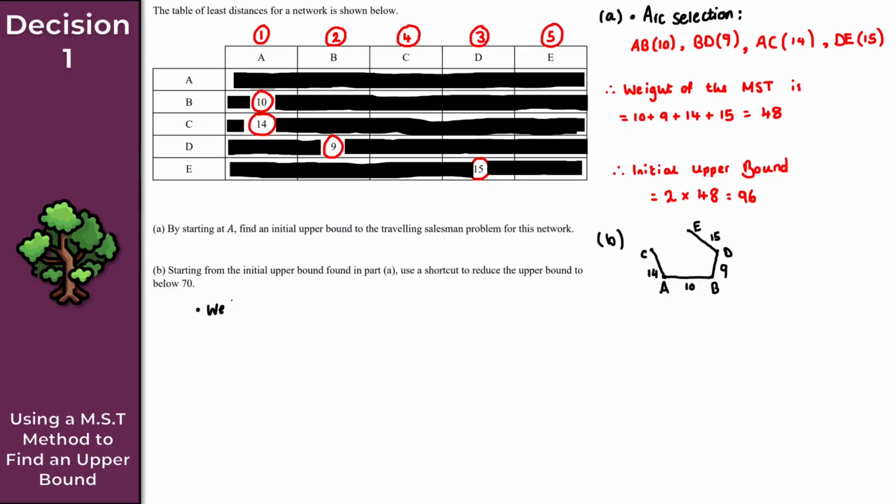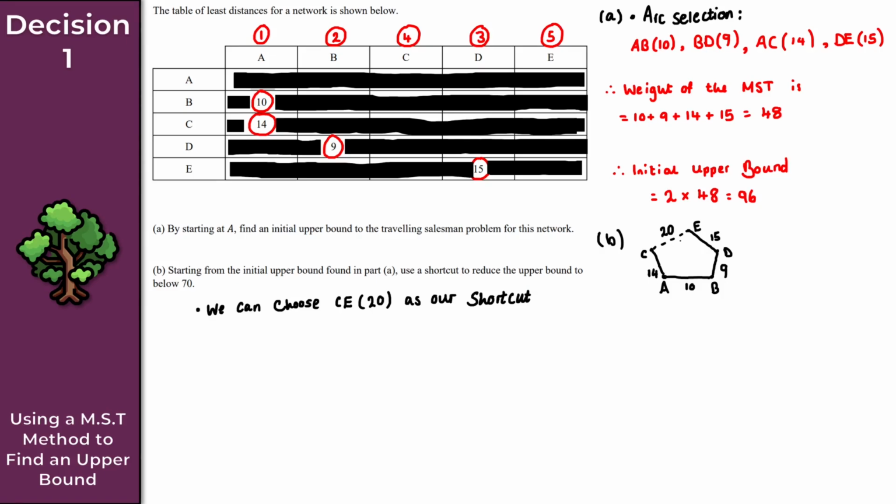So we can choose, what did we say then? C to E, right? So C to E with a weight of 20 as our shortcut. Okay. And imagine you join this up then, like so. This here would have a weight of 20.